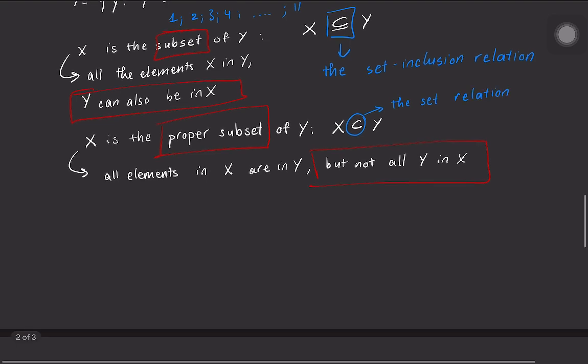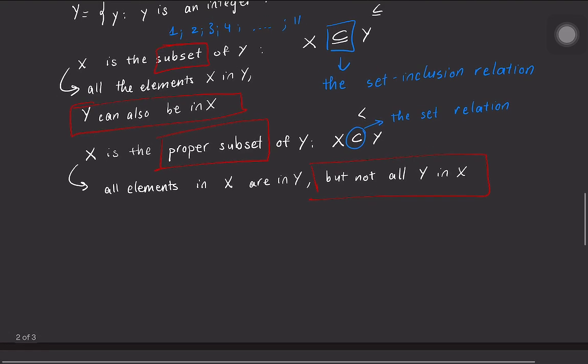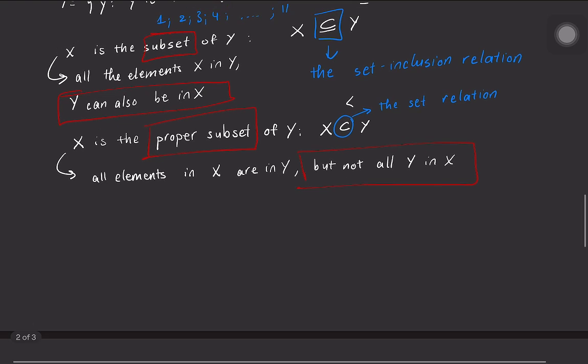Think of this one like the smaller-or-equal sign, and this one like a smaller sign. With smaller-or-equal, there are situations where X and Y can be equal. But for the smaller sign, X and Y cannot be equal.